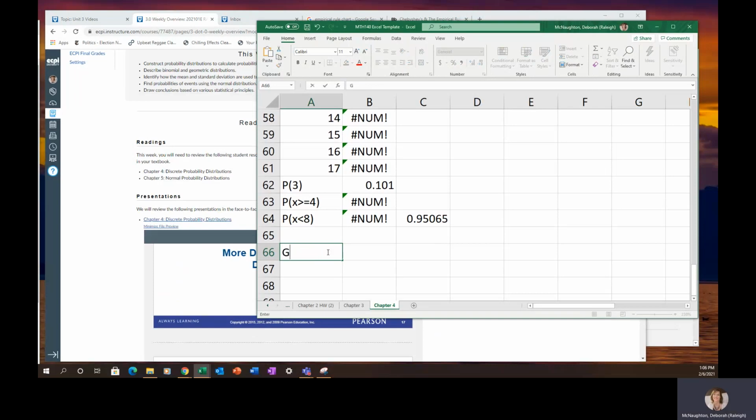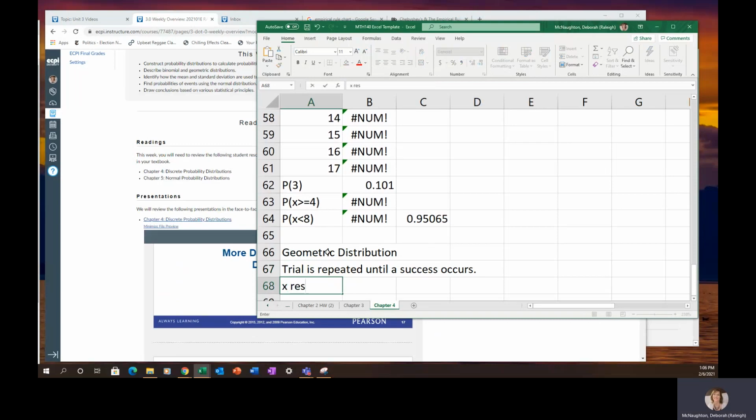The trial is repeated until a success occurs.